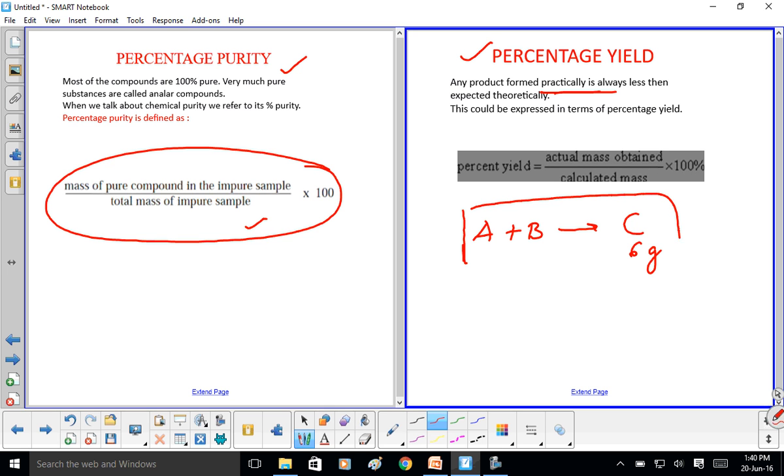But practically, when you combine A plus B, you will get C, but it should be less than 6. It should always be less than 6 gram. So this is the formula. Percentage yield is nothing but actual mass obtained by calculated mass into 100.